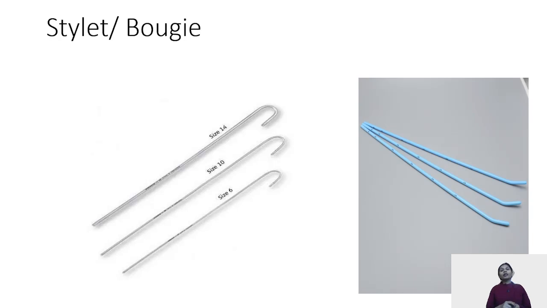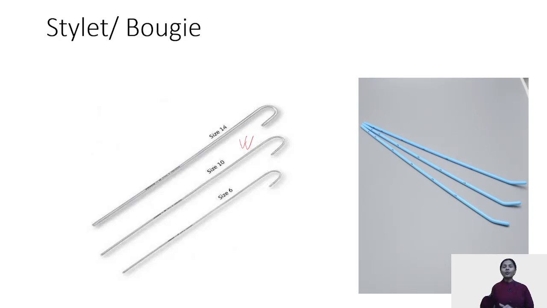Stellate and bougie, they are your airway adjuncts. In case your intubation is failing and you're not able to intubate the patient, then you can use the help of a stellate and the bougie. What is the difference? The stellate is introduced along with the endotracheal tube.